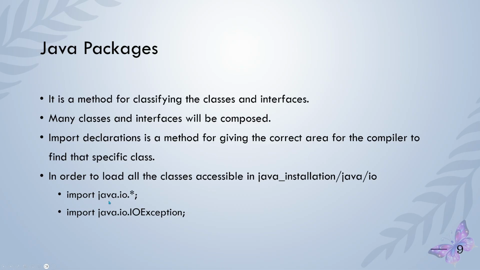You import with the import keyword, then you say java.io. This is the IO related package. Then you do it this way, dot star. So this star means that you are loading all the classes accessible in this java.io.